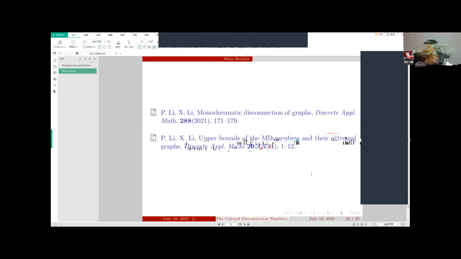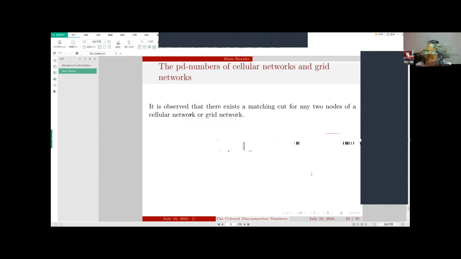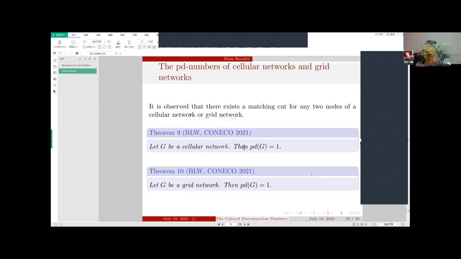We have two papers on this, and now we consider our cellular network and grid network. Surprisingly, for PD this number is 1. So you cannot have more.